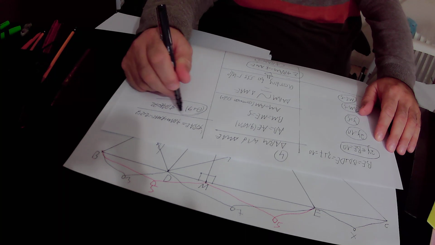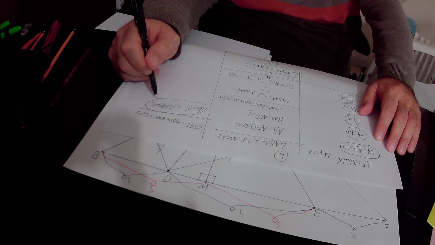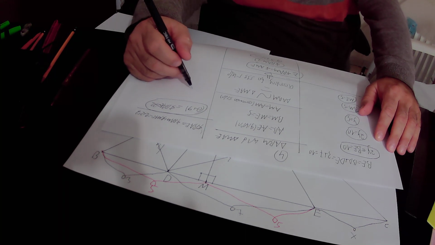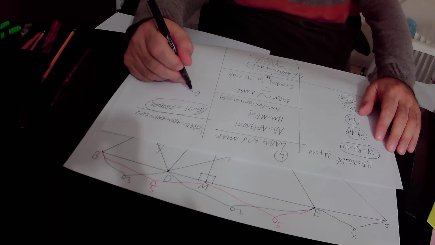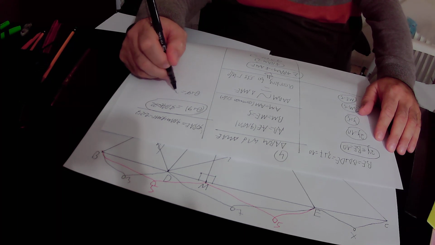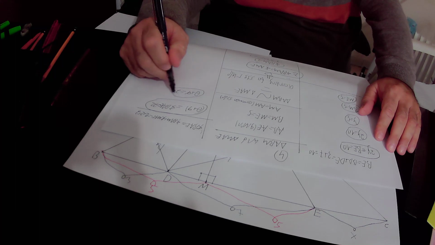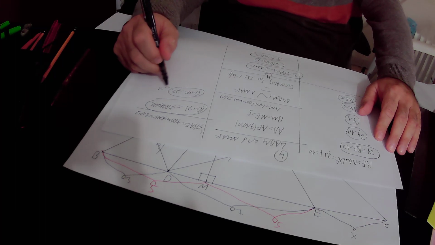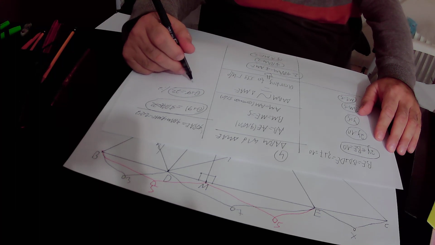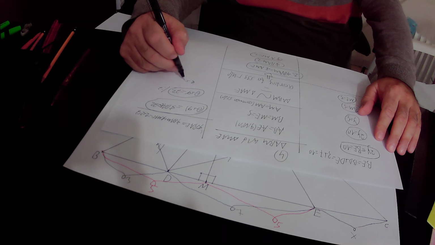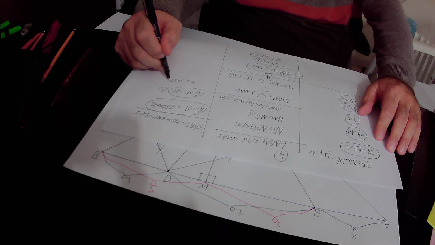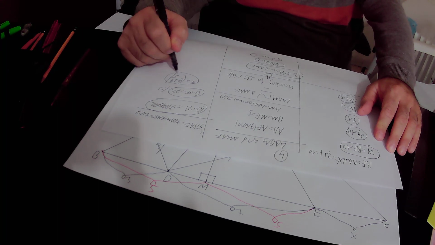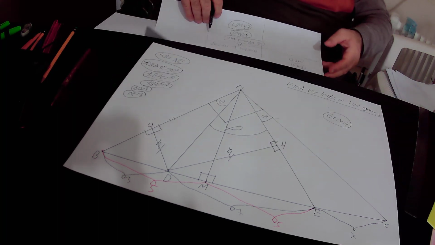So from this equation, theta plus alpha equals angle BAE equals 2Z, we will conclude that theta plus alpha equals 2Z. We will divide this equation by 2, and we'll get that angle Z equals (theta plus alpha) over 2. Okay, angle Z equals (theta plus alpha) over 2.